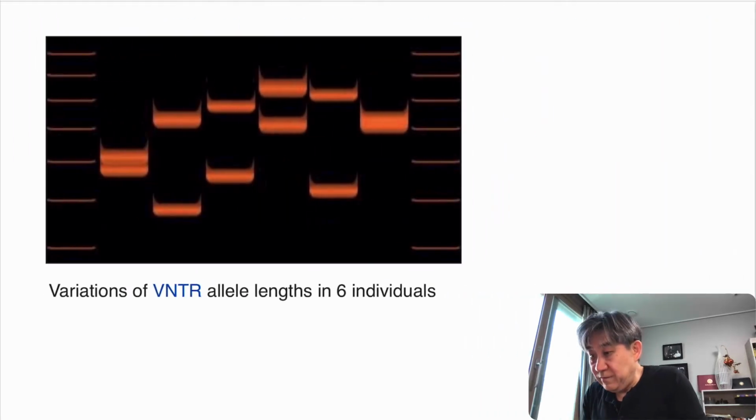This is one very simple example of using this VNTR allele in 6 different people. The fragments are all different in length, as this photograph shows. This is one such gel electrophoresis picture.